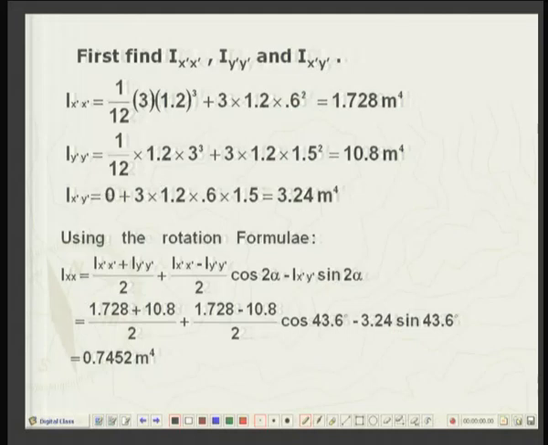So, look here, Ix dash y dash is equal to 0 plus 3 into 1.2, that is the area of the rectangle, into half the side into half the base, 0.6 into 1.5. So, that comes out to be 3.24 meter 4.